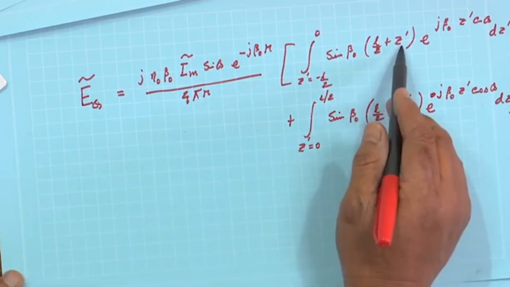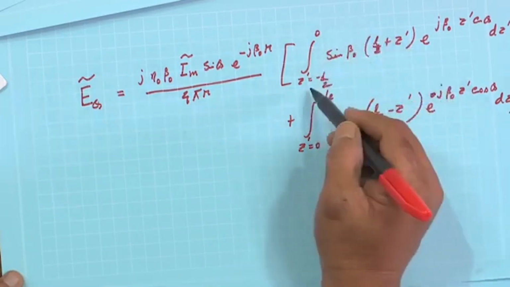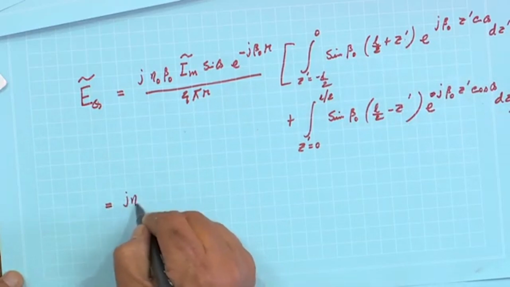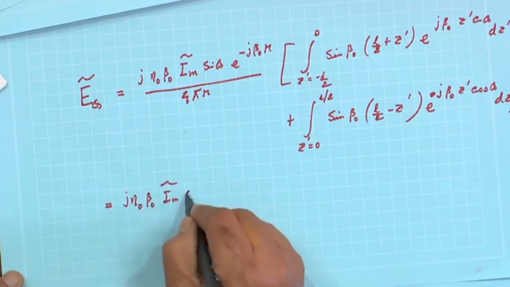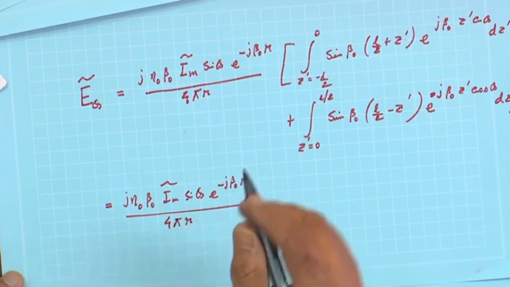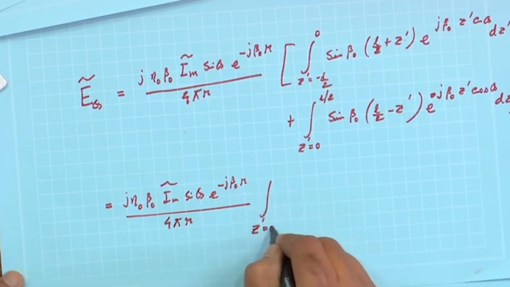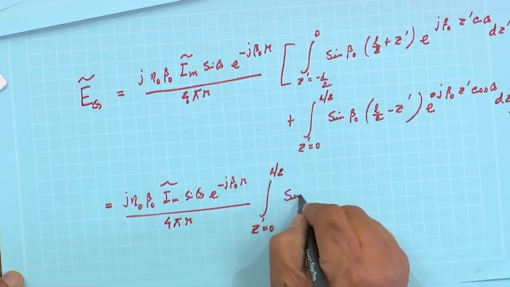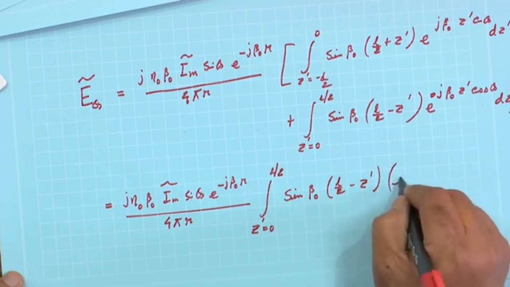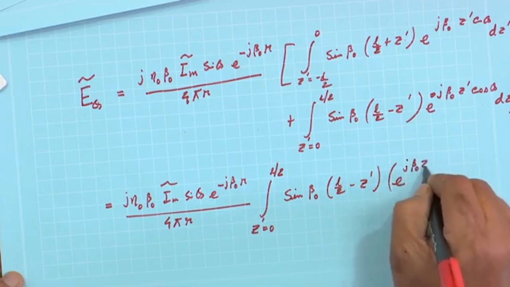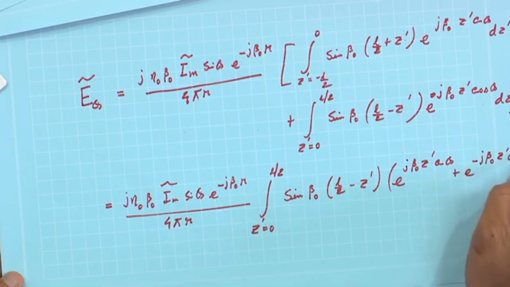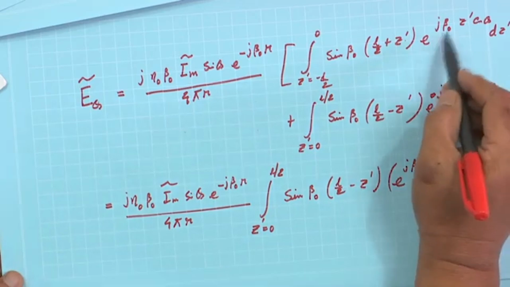Now, in the first integral this z dash is negative, this is also negative, we can change these limits, and so the whole thing can be written as this. This minus sign will come when we change the limit here.